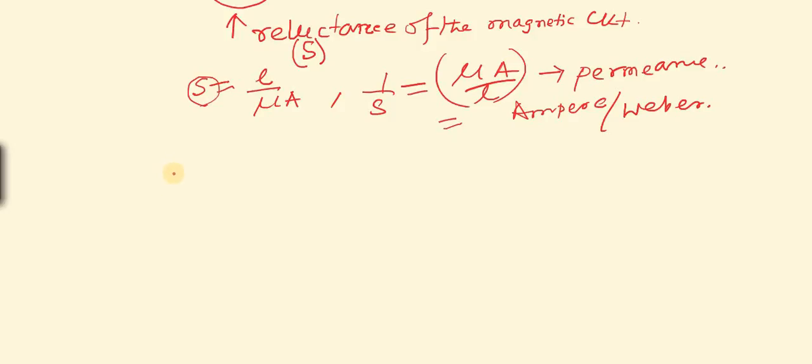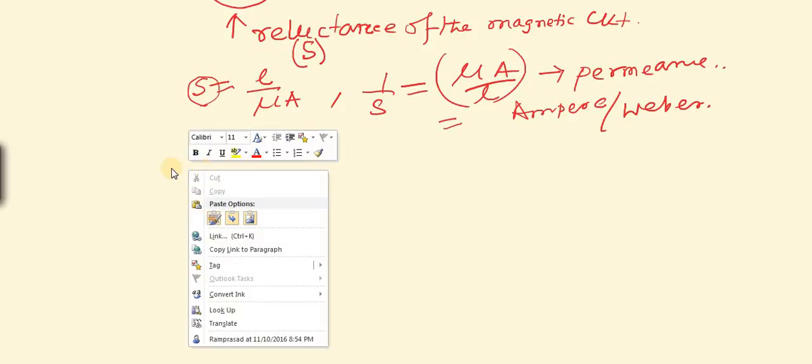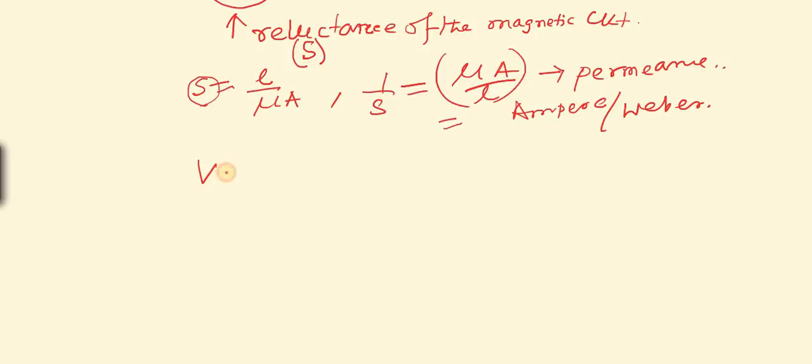Now we have seen that the voltage through any inductance, from Faraday's law, V is equal to L di/dt. Now see from this equation, the voltage is proportional to the rate of change of current.